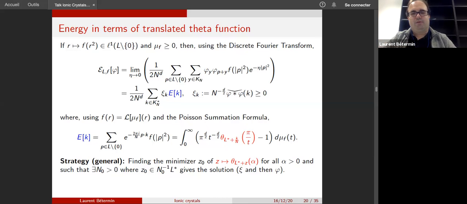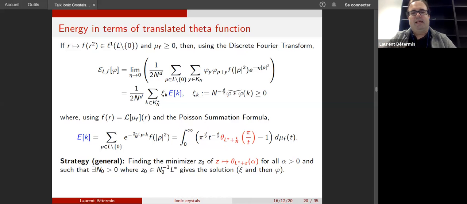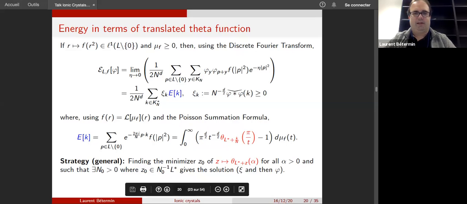And if you are able to find the minimizer, and if it fits with one point of this sublattice, then you are done. You can reconstruct psi here in a very easy way. You just say that it's 0 everywhere except for your minimizer. And then you can reconstruct phi uniquely. I don't explain why here, you have to believe me.